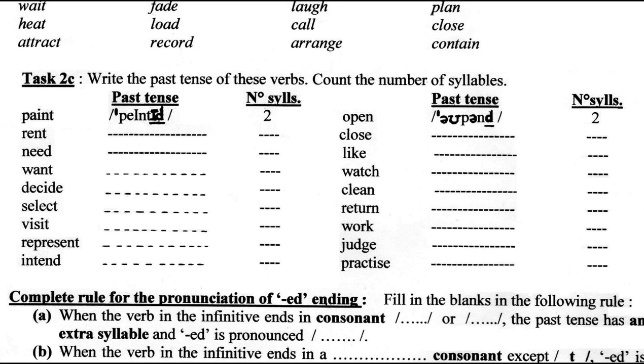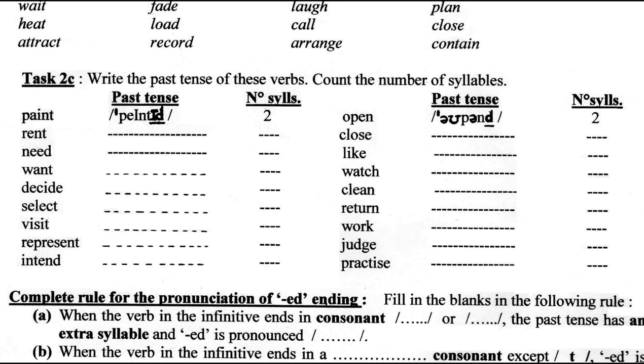Visited. Great. Next verb is the verb represent. And when it is in the past, it becomes represented. So how many syllables? Yes, 4 syllables. What are they? Represented. 4.